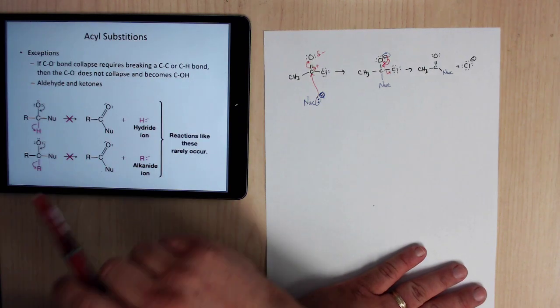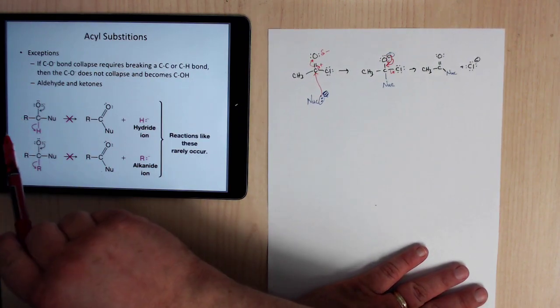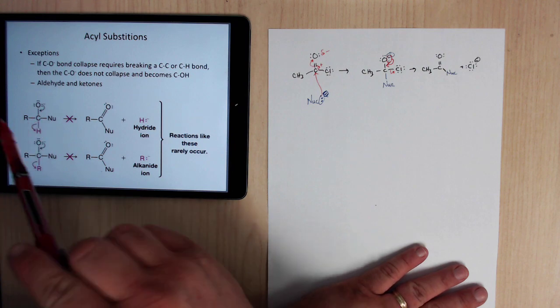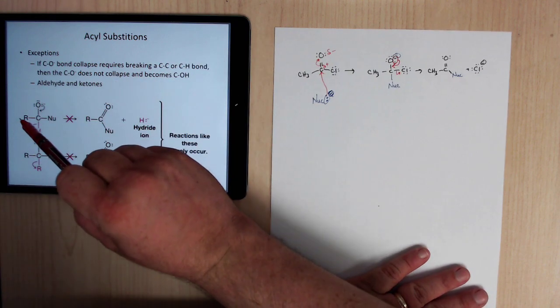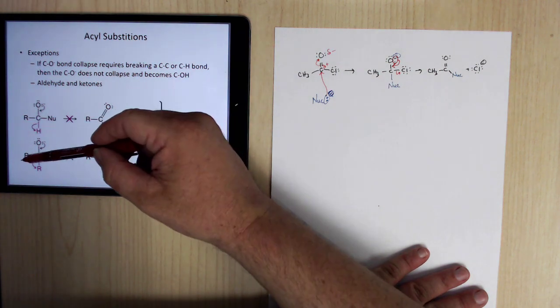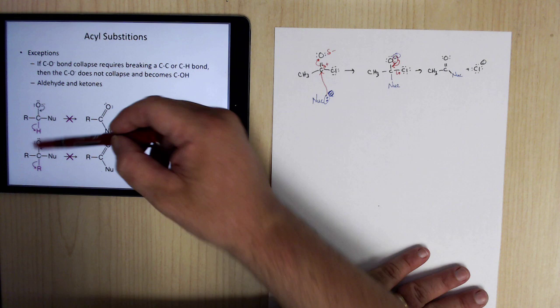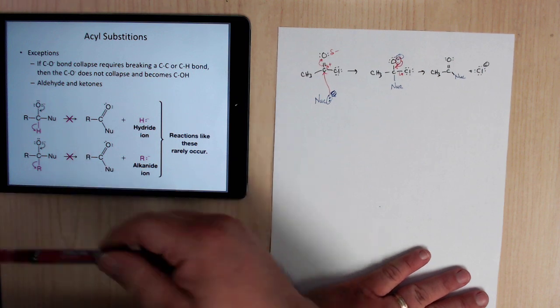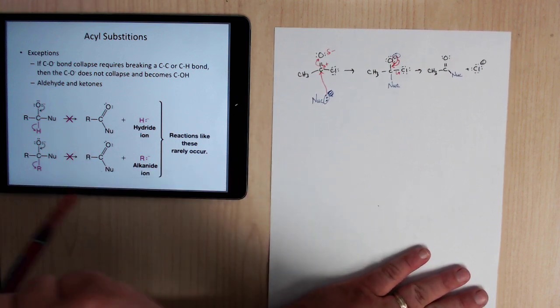Okay. Now, if your nucleophile comes in, and let's say you either have an aldehyde here, so you have a carbon here or a hydrogen, or a ketone where there's 2 carbons. In order for you to collapse this down, well, I guess it could kick off the nucleophile, but again, that's going back to starting material.